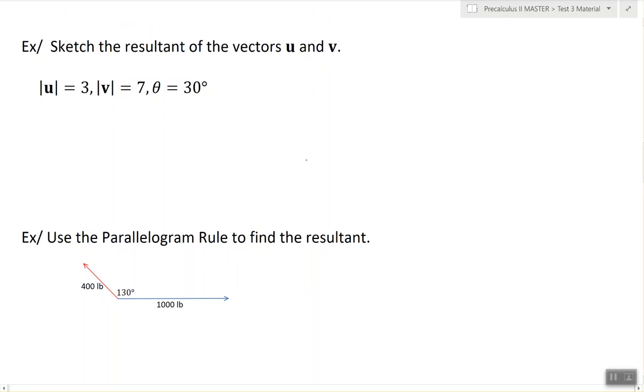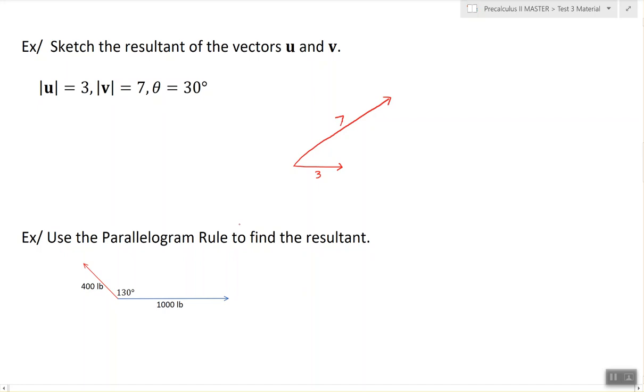It's just going to be a sketch, nothing very accurate. So we'll say that this is a magnitude of 3, so you draw it with a length of 3, and then another one at a 30-degree angle that has a length of 7. Okay, so a magnitude of 7 will mean that is a length of 7.